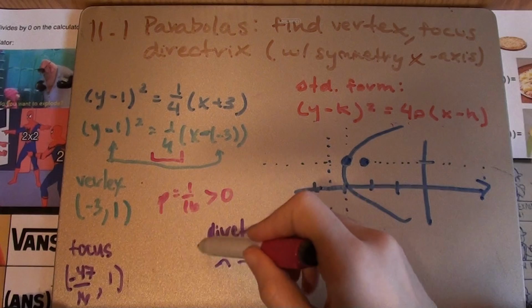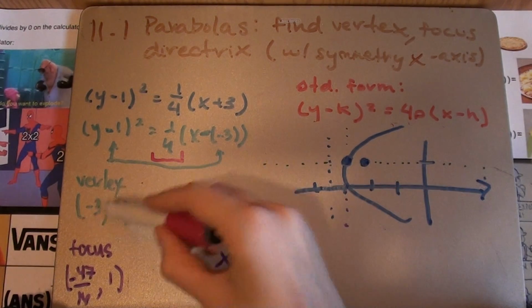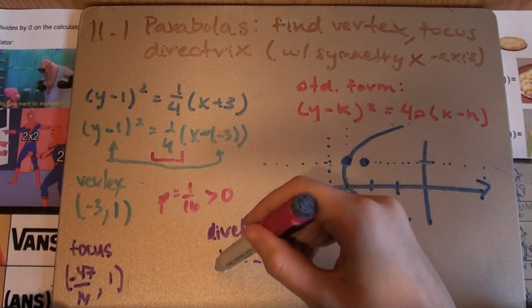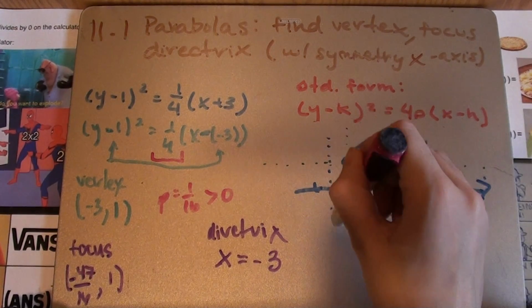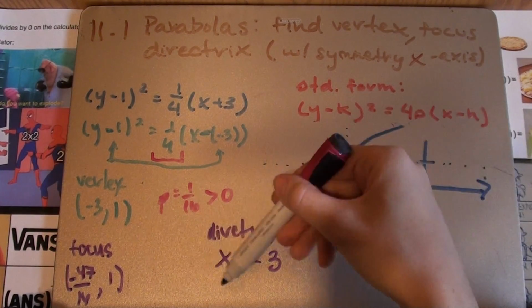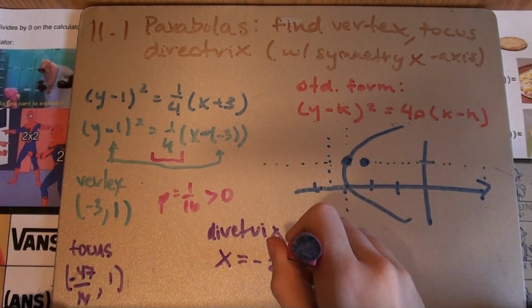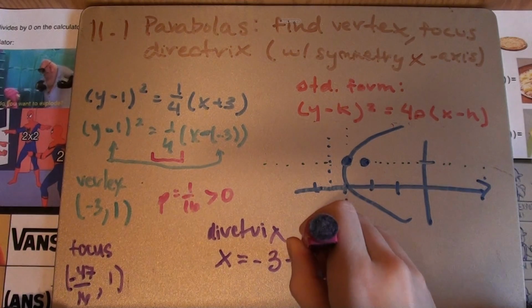A vertical line is always x equals that value. So -3 is the x value for our vertex. So that's the line through our vertex. In order to get the line for our directrix, we have to move this line to the left 1/16.